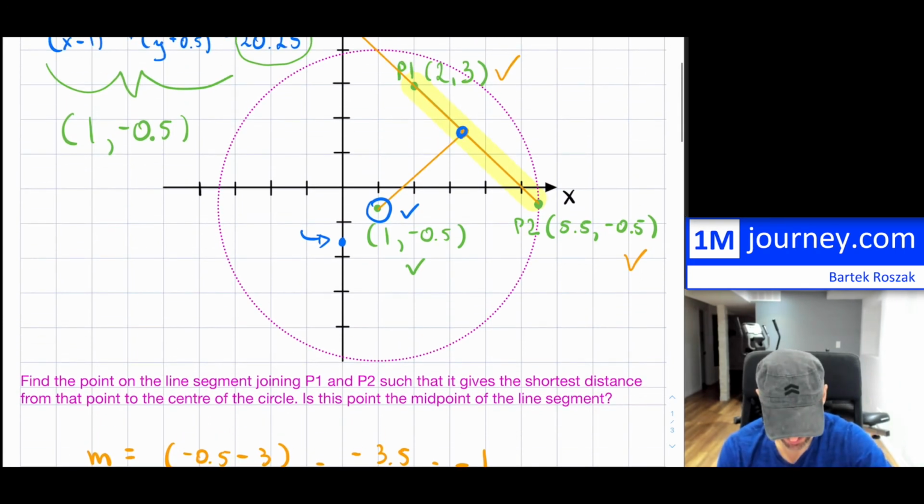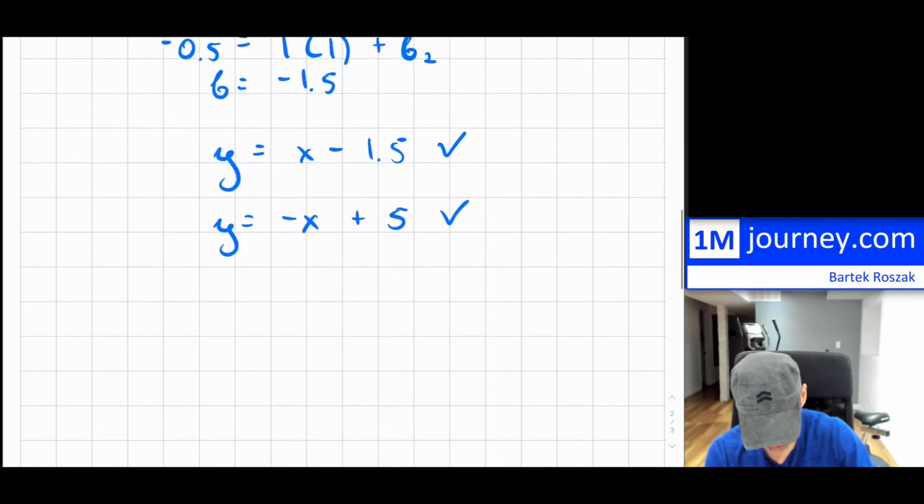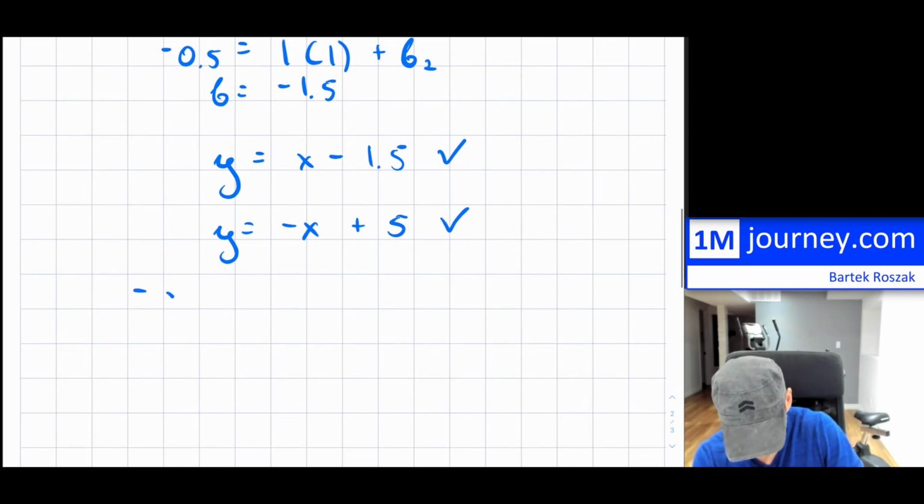So it's going to be this point. Now, of course, it may not be exactly there. That's the point that I'm looking for. I'm going to take line 1, line 2, and find the intersection between them. In this case, I can just equate the two lines, because they're nicely already in slope y-intercept form.